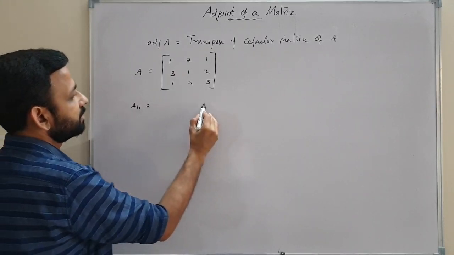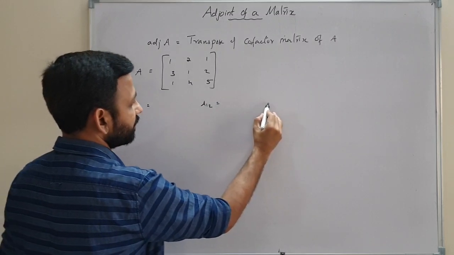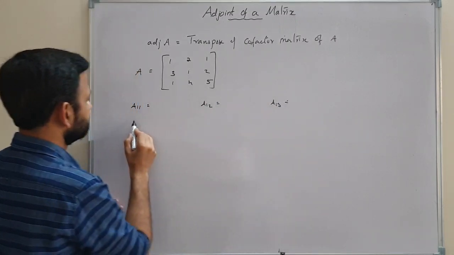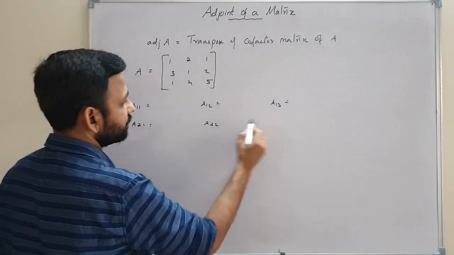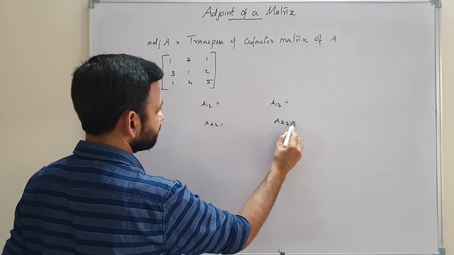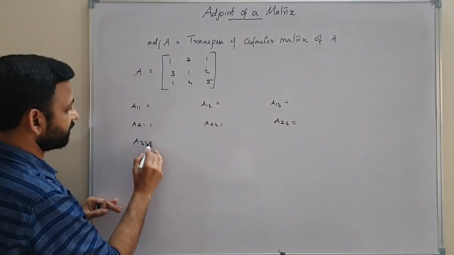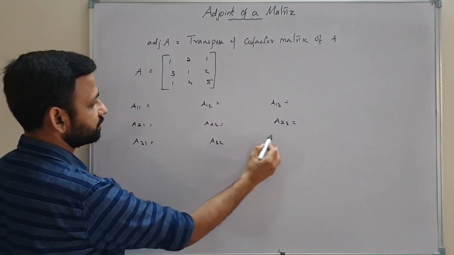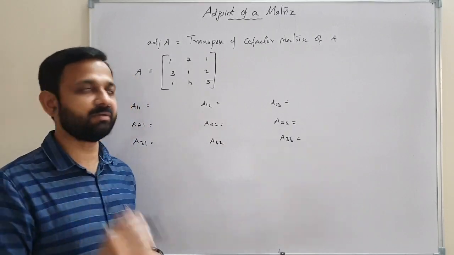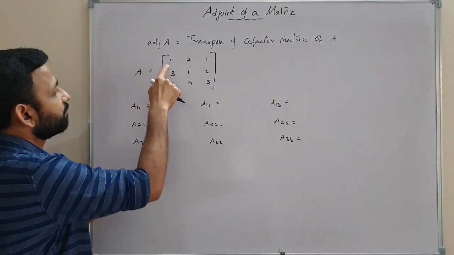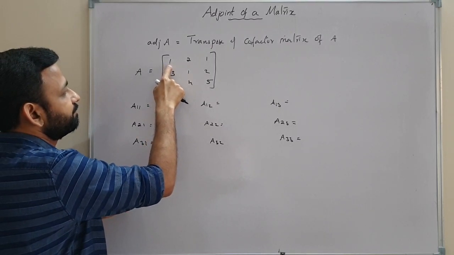So we can find the cofactors of all the elements in the same order: A11, A12, A13, then A21, A22, A23, then A31, A32, A33. Here, cofactor of first element, A11.